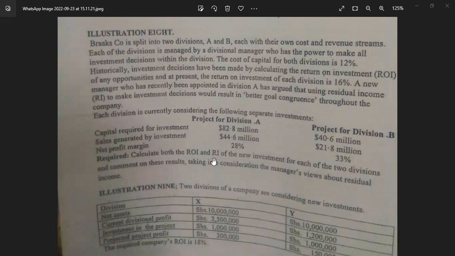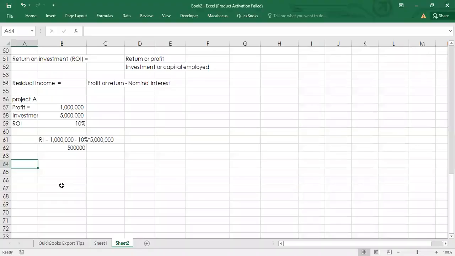We want to compute return on investment. I'll just do A, then for B you can do it, since it's the same information. From our formula, return on investment is given by return or profit. It is profit, not sales.